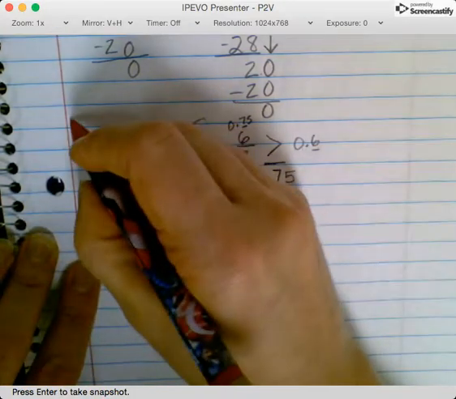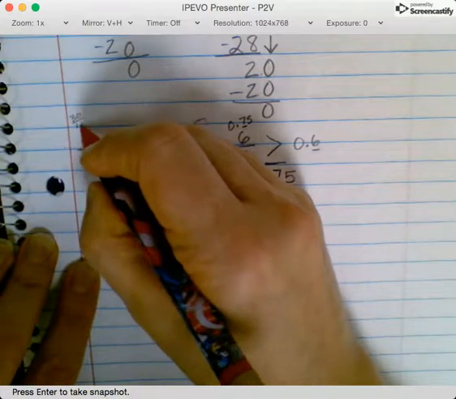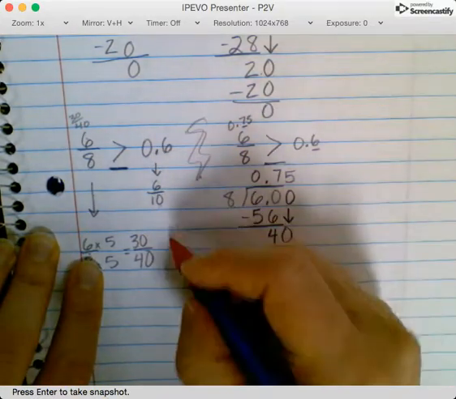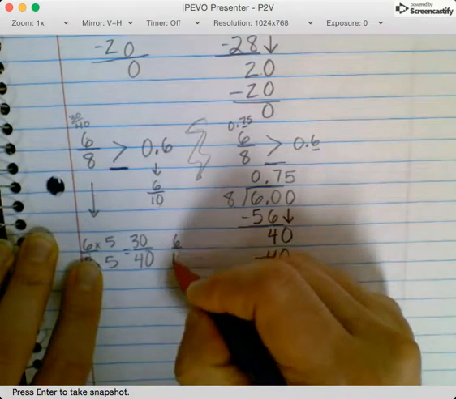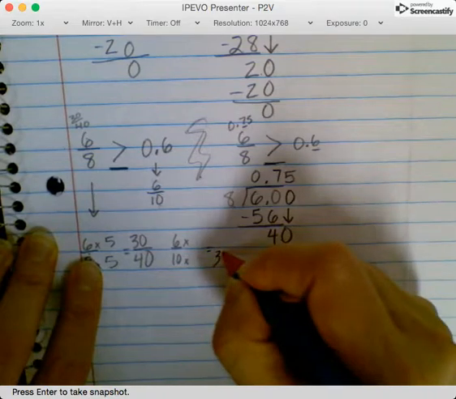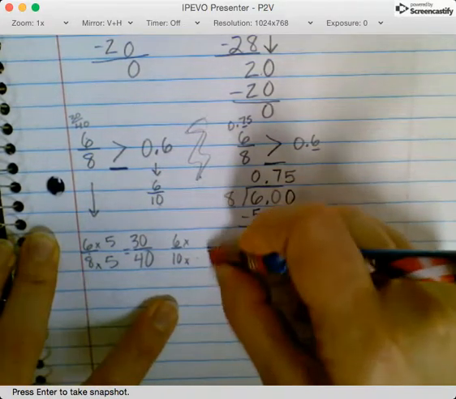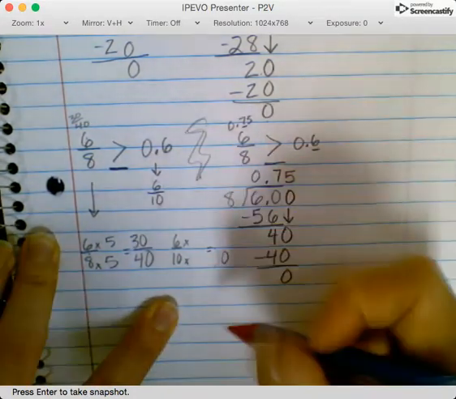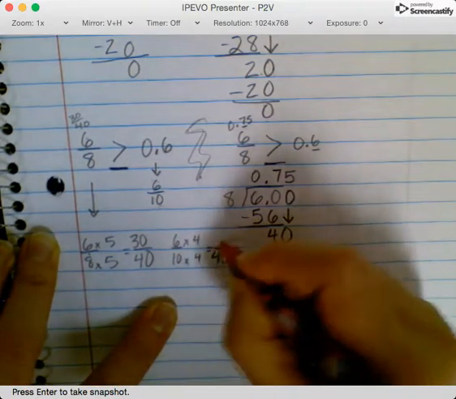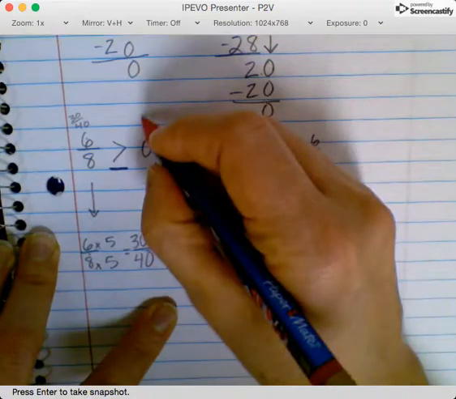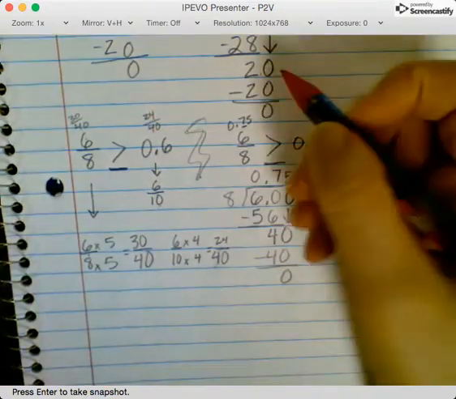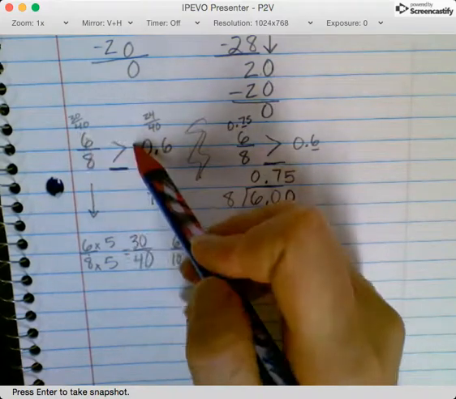So this one is equal to 30 over 40. 6/10, and I'm running out of space here, but we can make that into 40ths. 10 times 4, 6 times 4 is 24. Okay, and then I could compare 30 is bigger than 24.